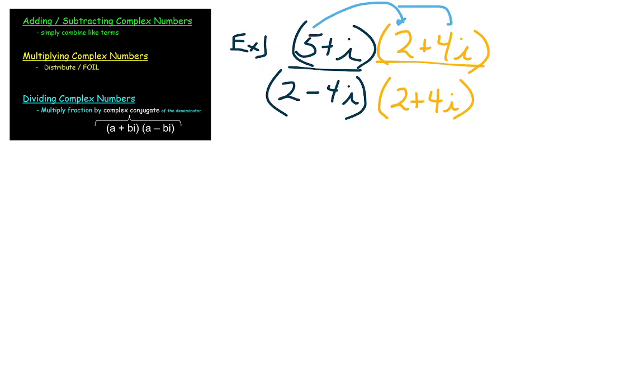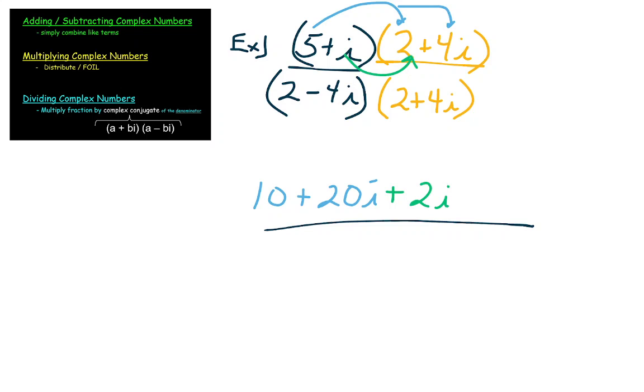I mean, the only way to actually multiply or start simplifying this problem is to take the 5 and multiply it to the 2 and multiply it to the 4i. But then I have to take the i and multiply it to the 2. That's going to be 2i. And then i times 4i. Now, who's ready to write this simplified?